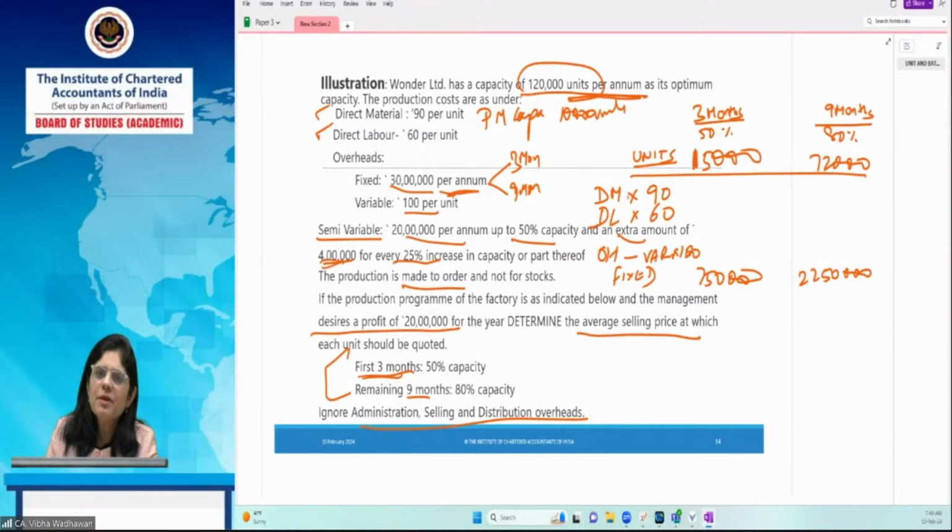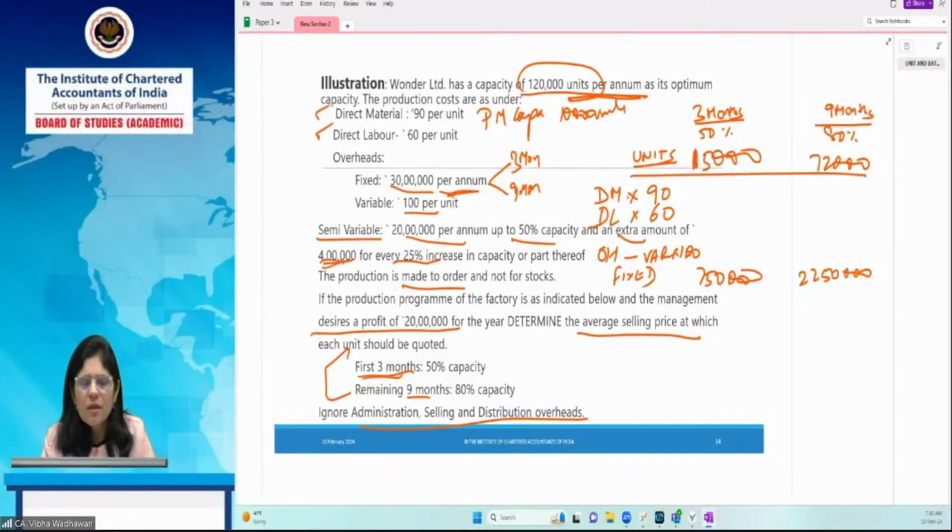Till 100% capacity, the fixed cost will be the same. It is not 18 lakh, it is 22 lakh 50,000. Fixed cost will be 30 lakh per annum. For 3 months, it's 7,50,000, and for 9 months it is this.